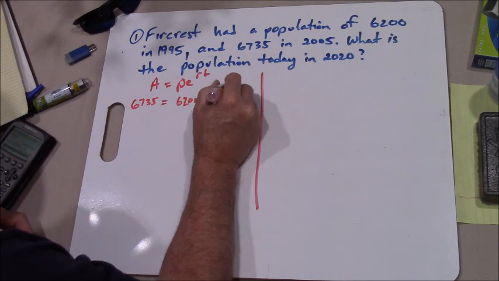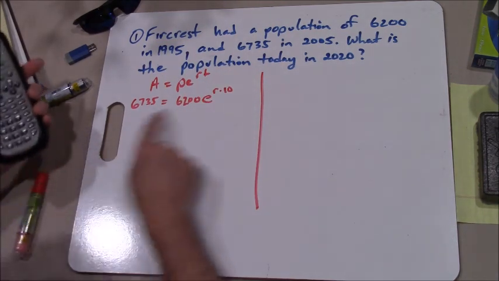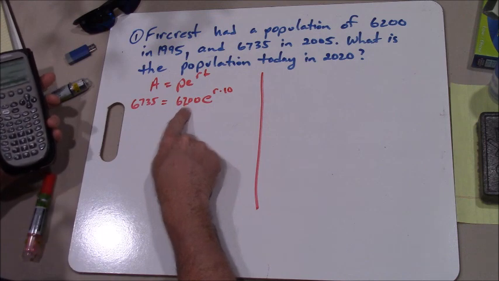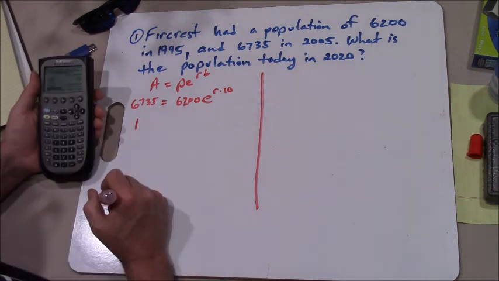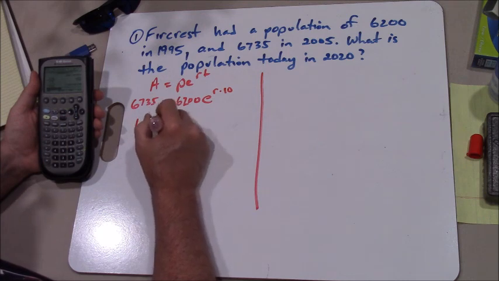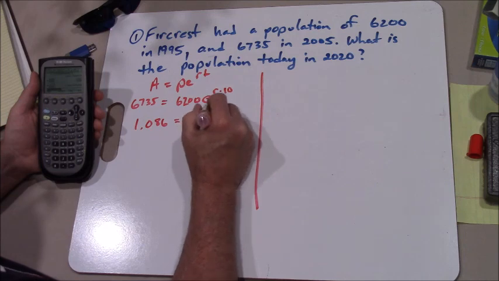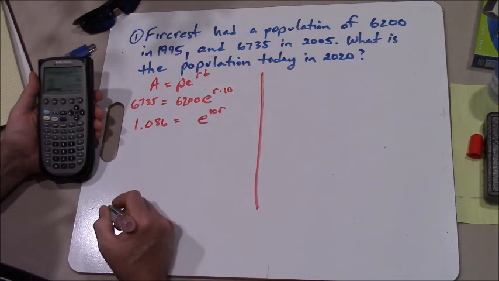So R times 10. All right, so first thing I'll do is I'll move that 6,200 over and divide. All right, so I got 1.086 equals e to the 10r.